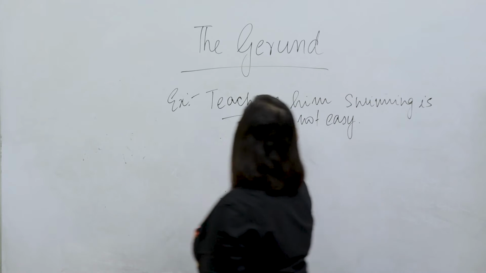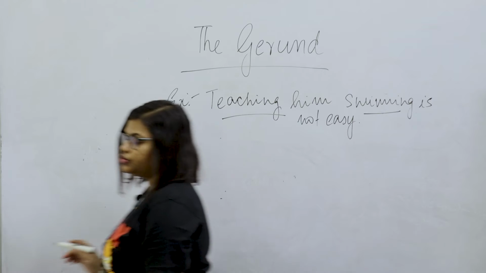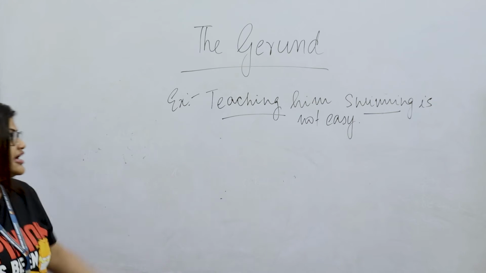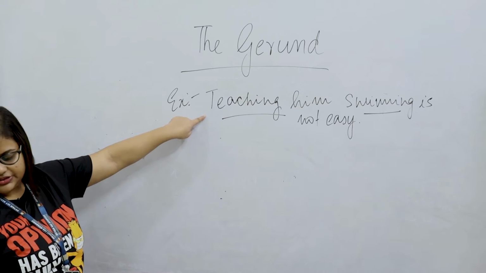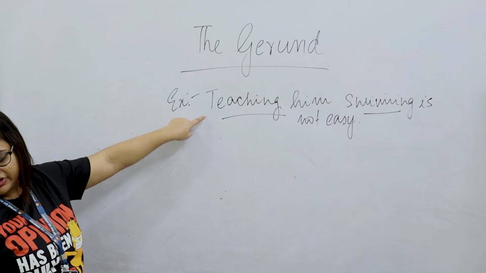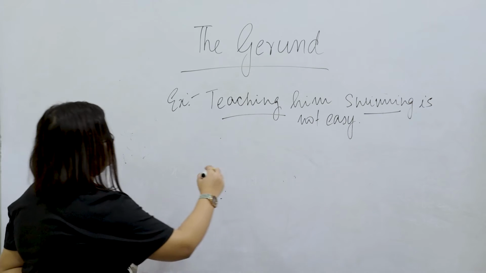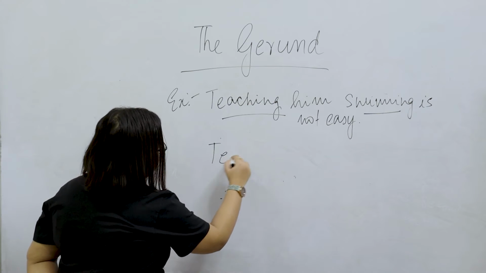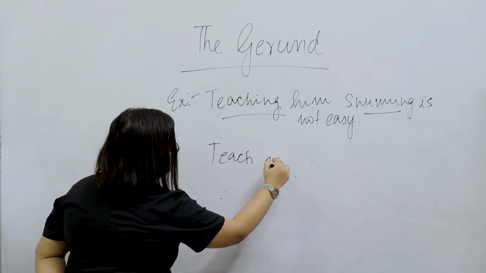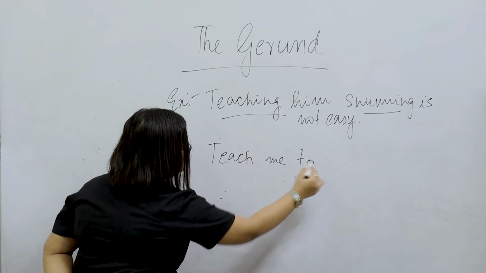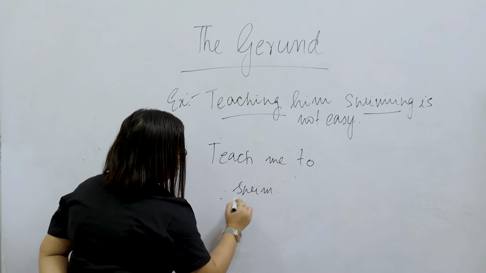So this could be teaching him, as well as we are using two verbs here. The first one, teaching him swimming, here we are using this as a verb noun. The other example could be, teach me to swim.